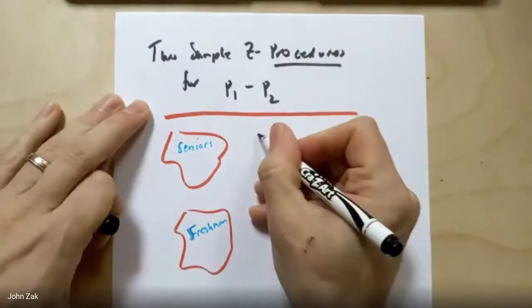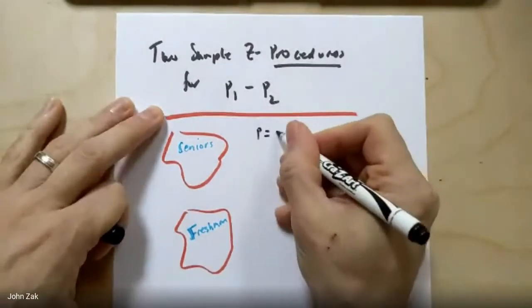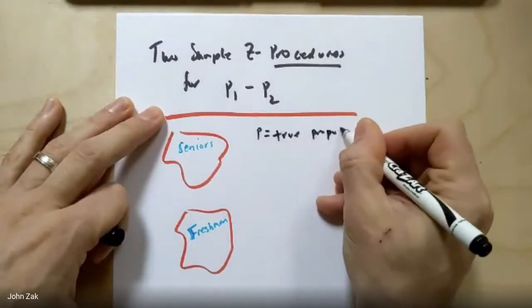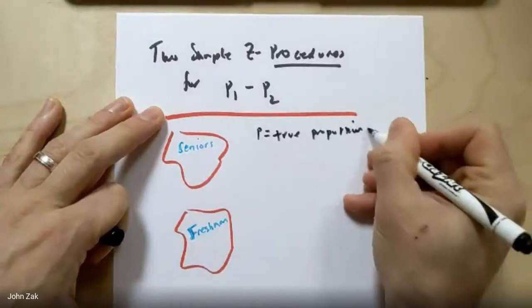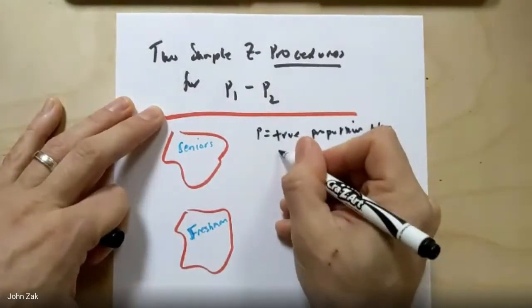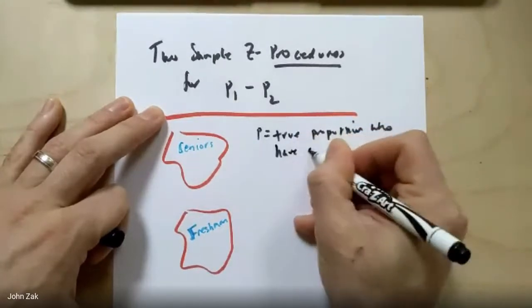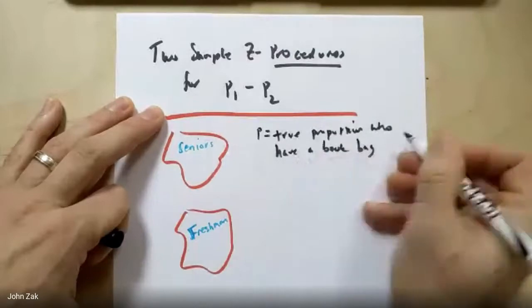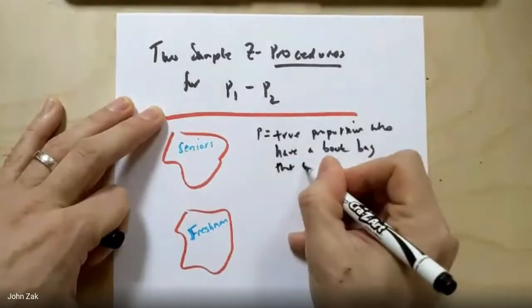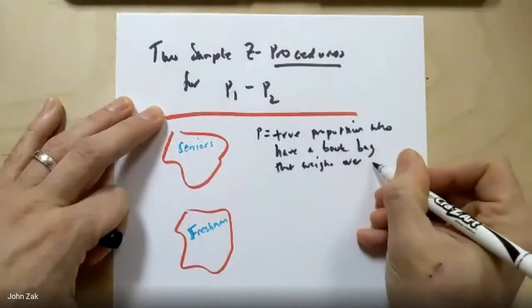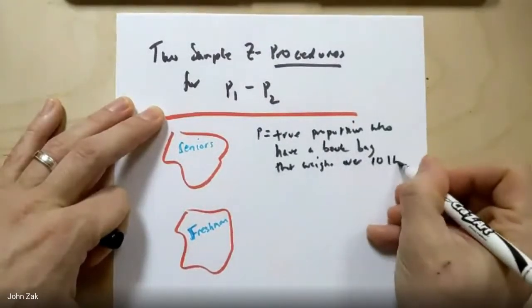Let's define some parameter P as the true proportion who have a book bag that weighs over, say, 10 pounds.